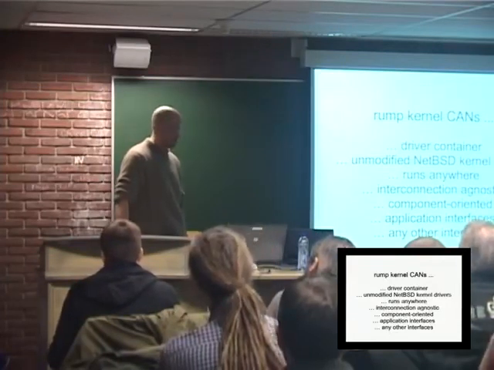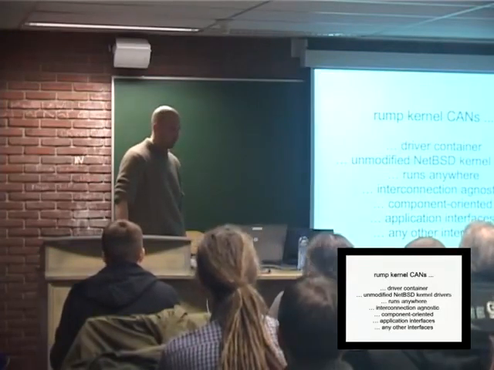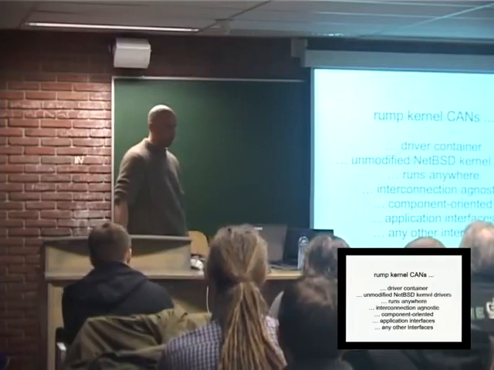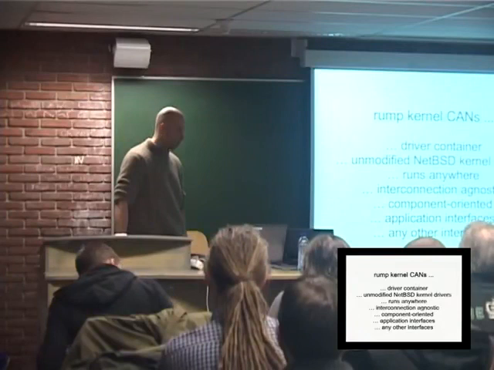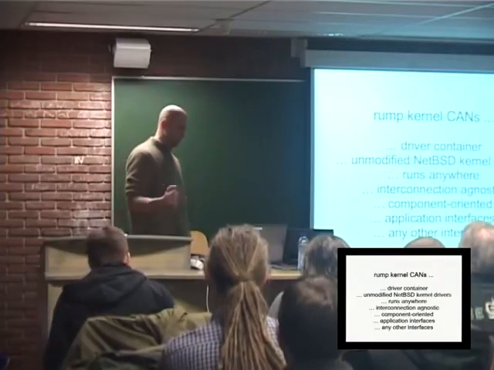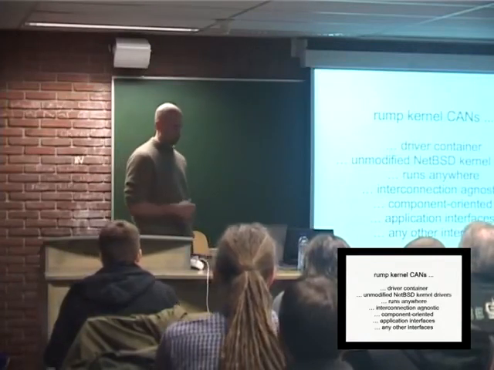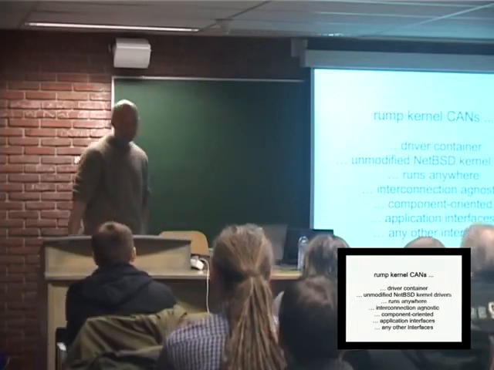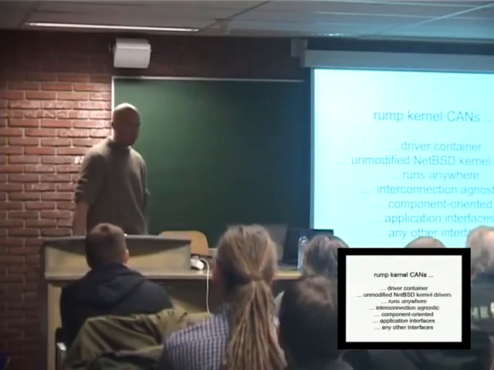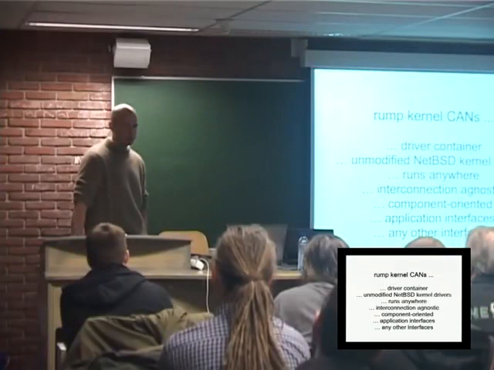Rump kernels are component-oriented, which is again a cryptic phrase, just a fancy way of saying that first you build them, you get a set of library-ish components which you then link together.